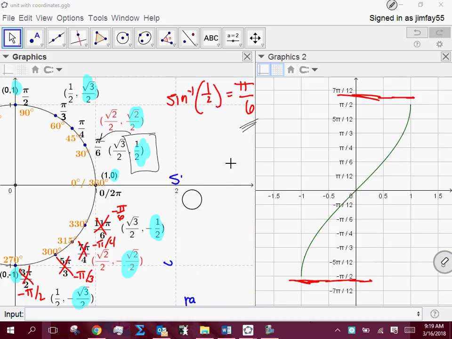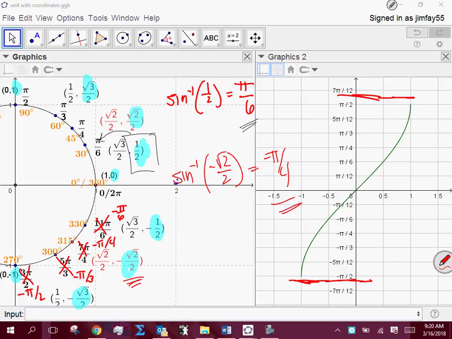If I said, what is the sine inverse of negative radical 2 over 2? I'm going to be looking at my unit circle in the first and fourth quadrants. There's my negative radical 2 over 2, right? What is the angle that goes with that? Negative pi over 4. Okay.